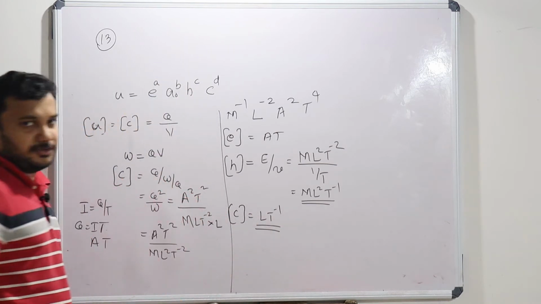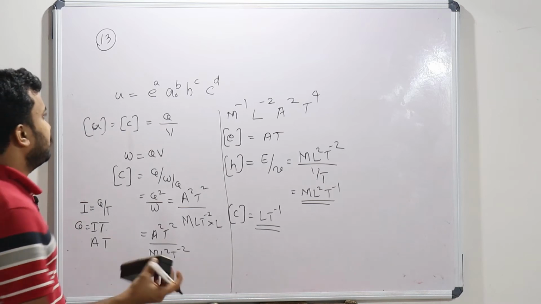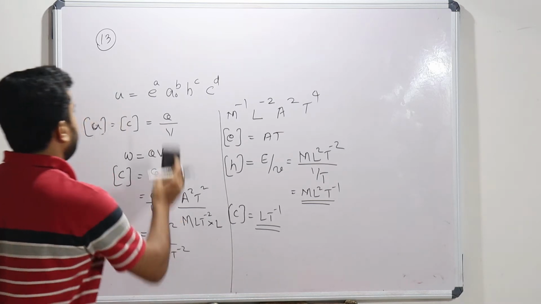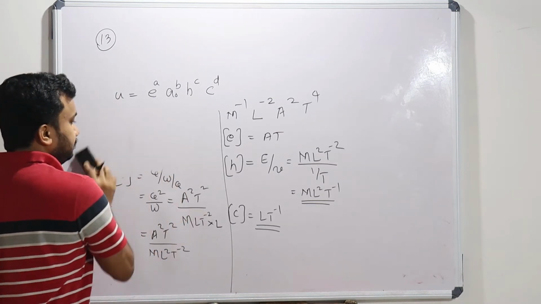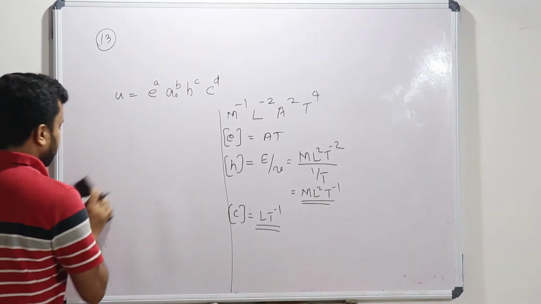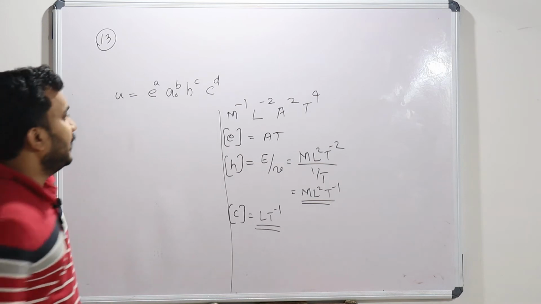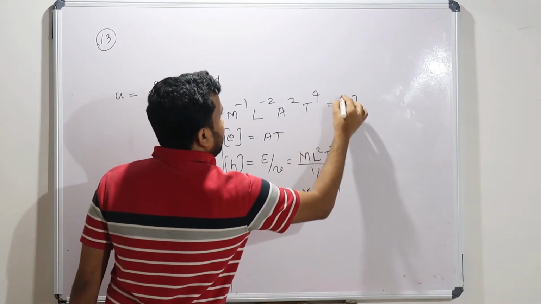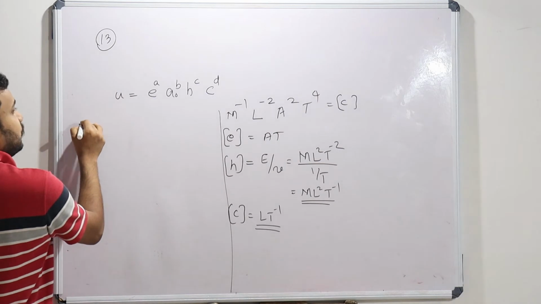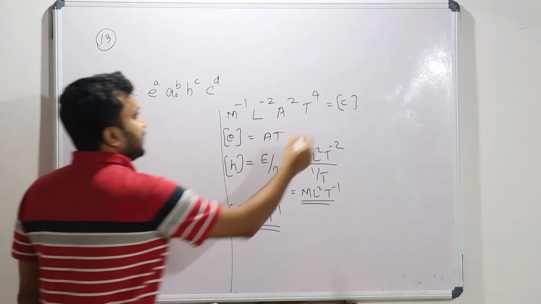So we got all the dimension formulas, and we have to substitute them in these equations. You can pause the video and complete your notebooks. Now I have the dimension formula of all the parameters. I am substituting C, which is capacitance, called U in our question.